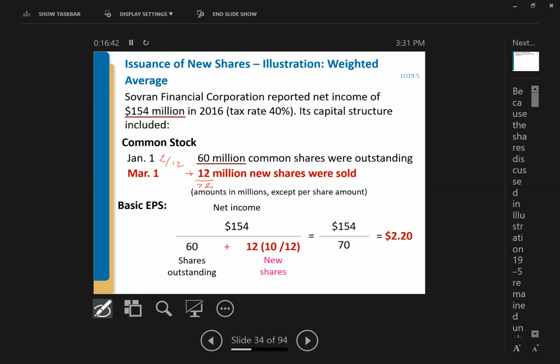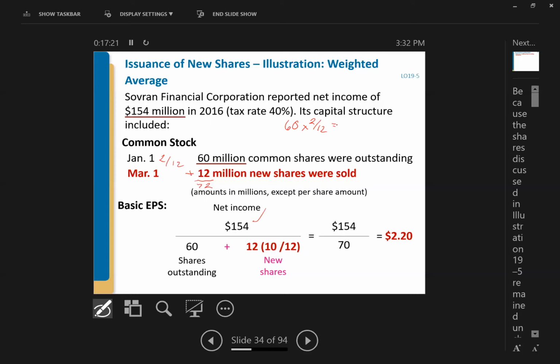All right. And so the way that I do this, at the bottom, this didn't change. But to get a weighted average, what we're really saying, and I guess you could do it this way too, but the way that I do this, I just take the 60 million, and we multiply that times the number of months that we had 60 million, or 2 over 12. And so we have 60,000 times 2 divided by 12.